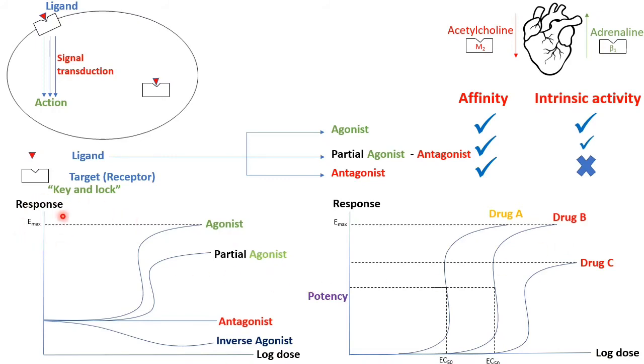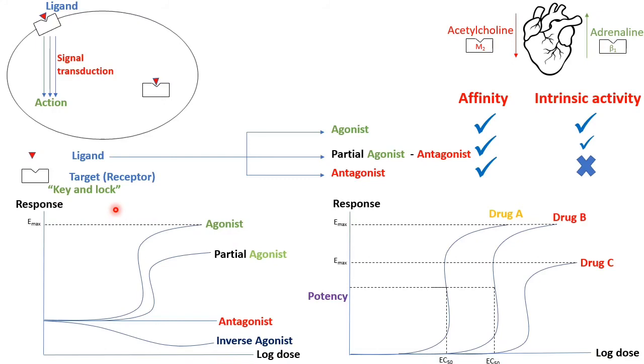Okay, now we have a question. This Emax or the maximum response, when could we reach it? That Emax or maximum efficacy is reached when all the receptors of the cell are occupied by the agonist.